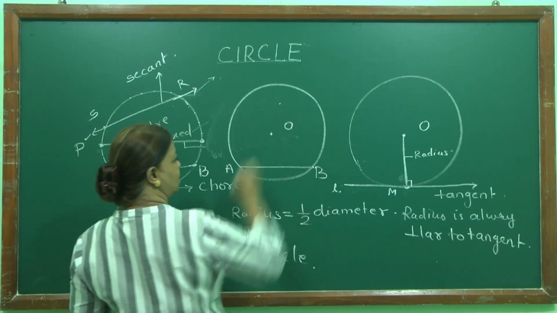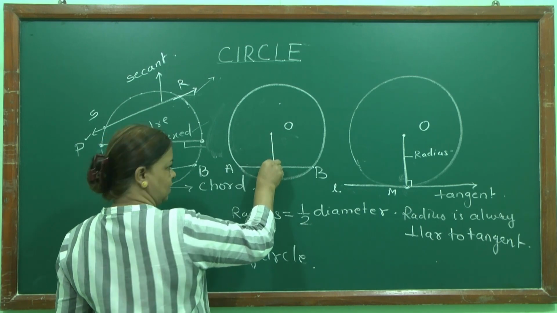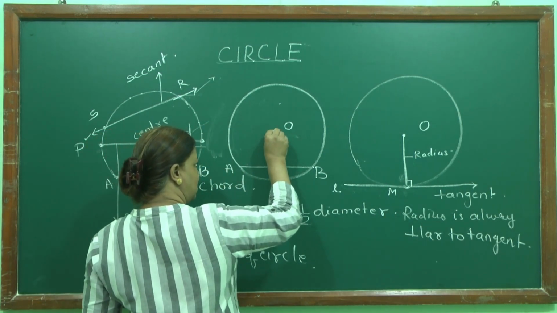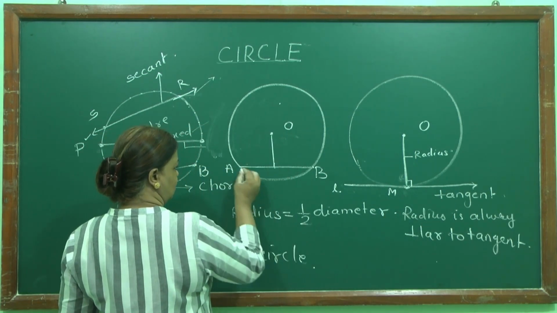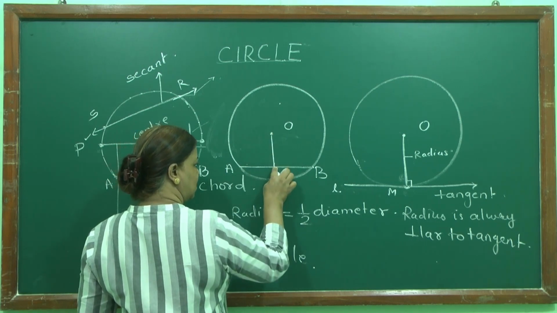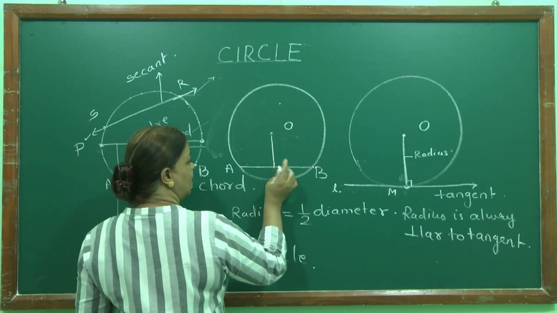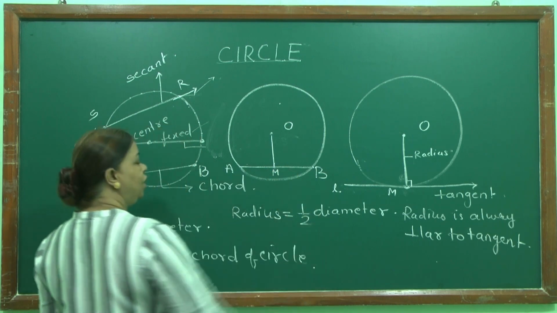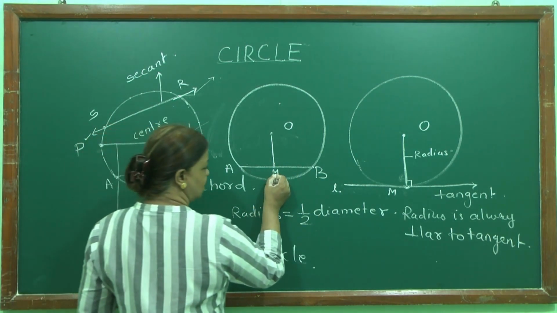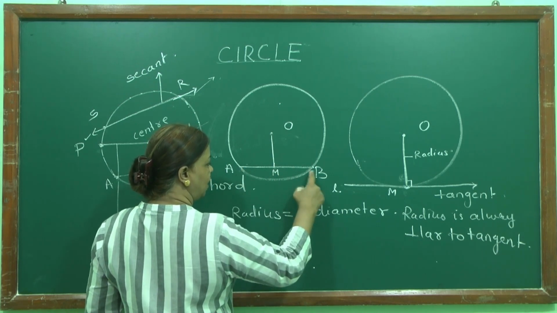O is the center of the circle. A line drawn from the center to the chord and which joins the midpoint of the chord is always perpendicular. Suppose M is the midpoint, so OM is going to be perpendicular to AB.